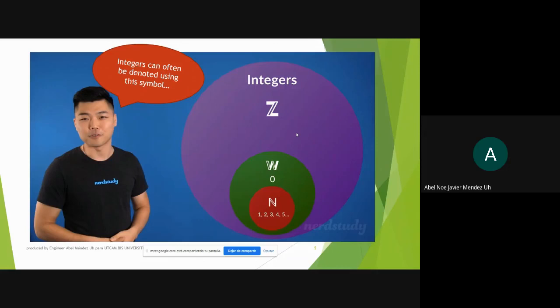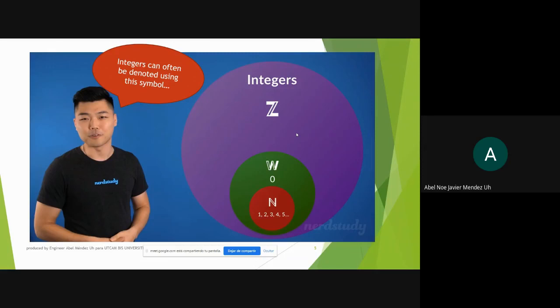Continue. Another group of classification of real numbers are the integers. The integers can often be denoted using this symbol, the capital Z. The capital Z denotes integers.